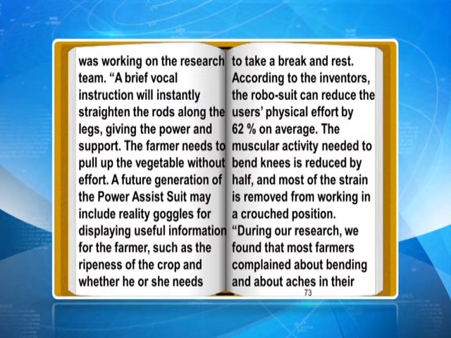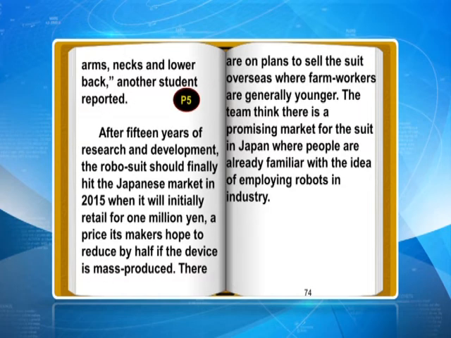According to the inventors, the robo-suit can reduce the user's physical effort by 60% on average. The muscular activity needed to bend knees is reduced by half, and most of the strain is removed from working in a crouched position. During our research, we found that most farmers complained about bending and about aches in their arms, necks, and lower back, another student reported.